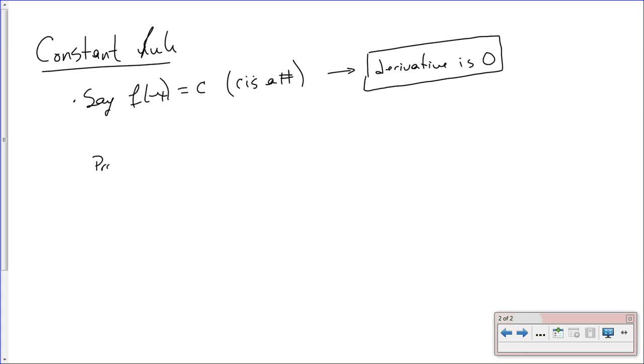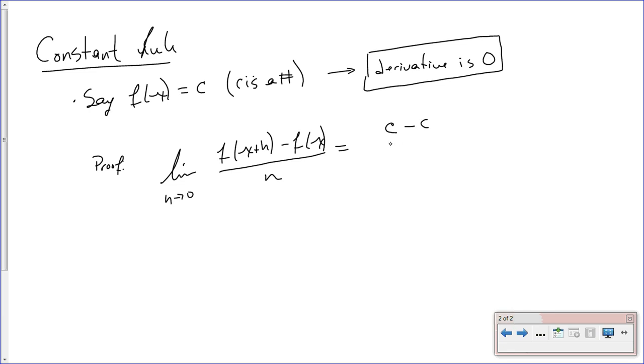If you want to see a proof, just so you believe me, the limit as h approaches 0 of f of x plus h minus f of x over h will equal, well, since we have no x here to substitute in, this is just going to be c minus c over h, which is 0 over h, which is just 0.